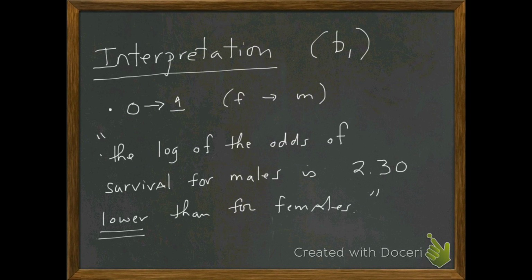What? The log of the odds. What the hell is the log of the odds? Can any of you really conceptualize that? If someone tells me that I'm going to increase ACT by 1 unit, 28 to 29, 16 to 17, fine.